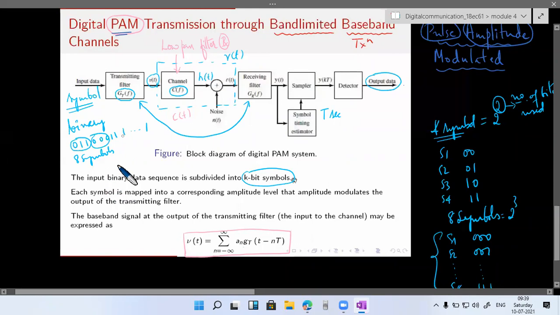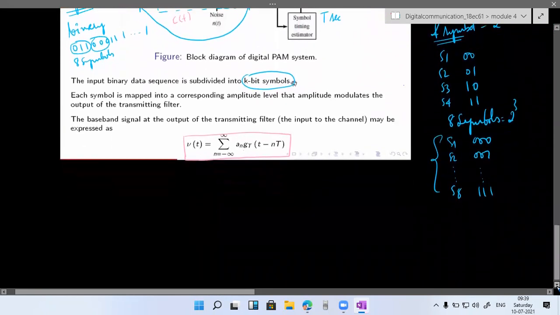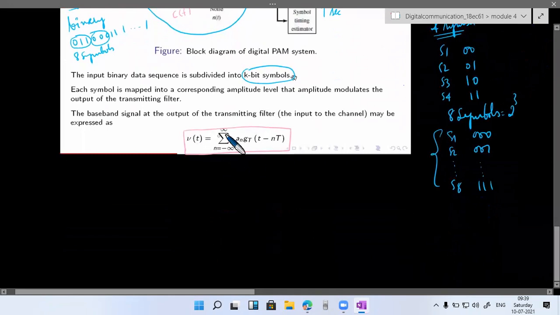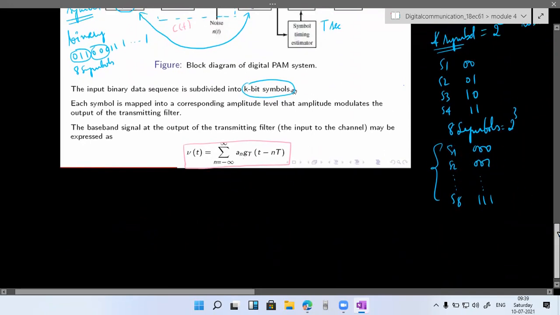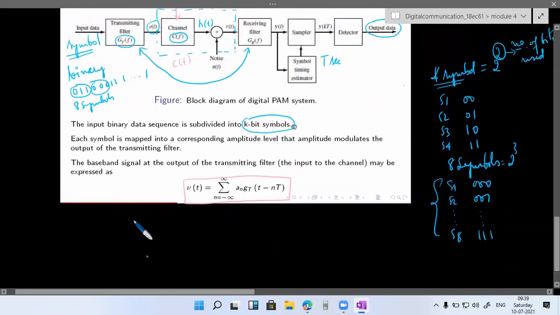So here, let me just rewrite this block diagram, because right now we have got this expression. I'll write the first block as it is, just for comparison purposes, that is our transmitting filter.